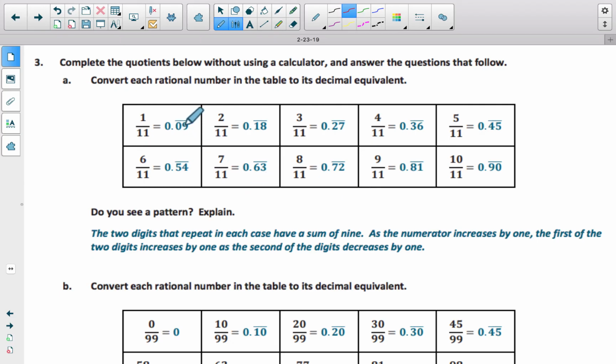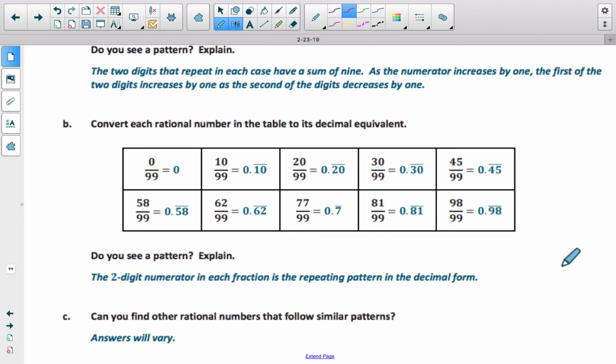So we have 0 and 9. Then the next one, we have the 1, 8, 2, 7, 3, 6. That first digit, the digit in the 10th place, is increasing by 1, as the digit in the 100th place is actually decreasing by 1. So that's a cool little pattern that happens there with a denominator of 11.